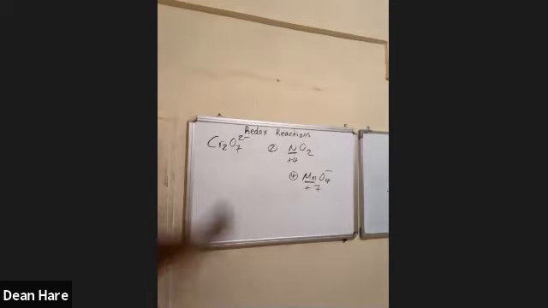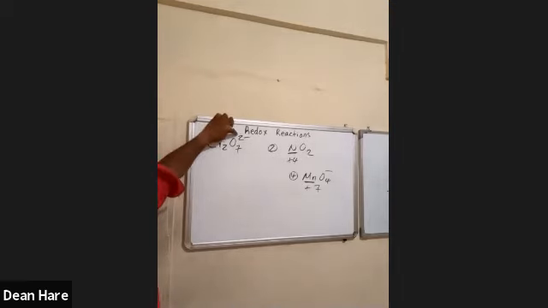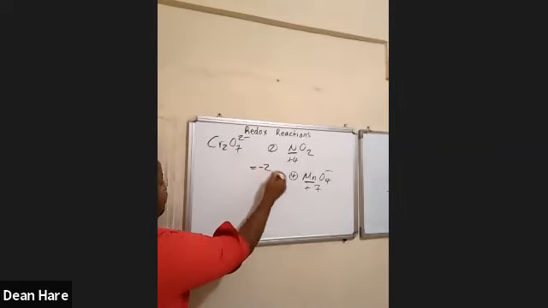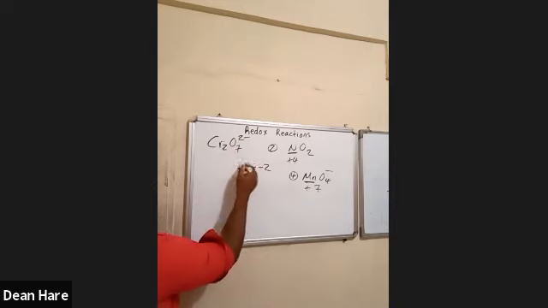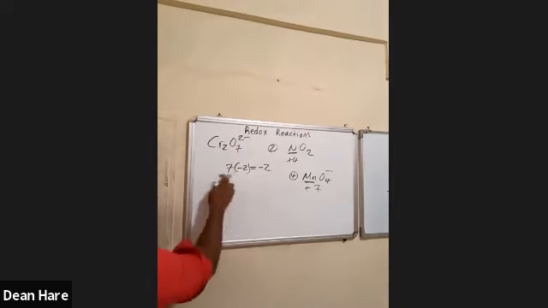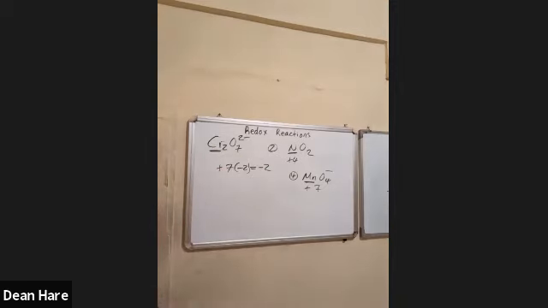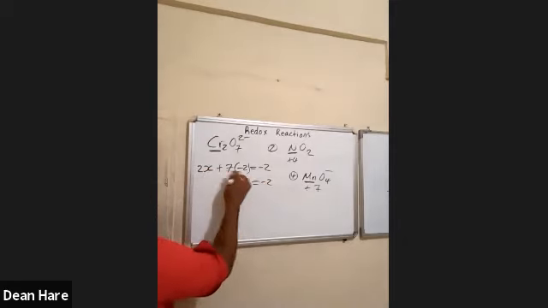All right, so this one again, we have a charge, -2. We have 7 atoms of oxygen, so that's 7 times -2. And we're trying to figure out the oxidation state for chromium. However, this time we have 2 atoms of chromium, so instead of just X, it must be 2X. 7 times -2, that is -14.